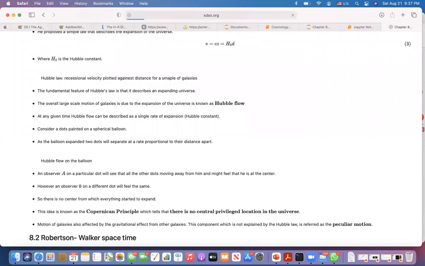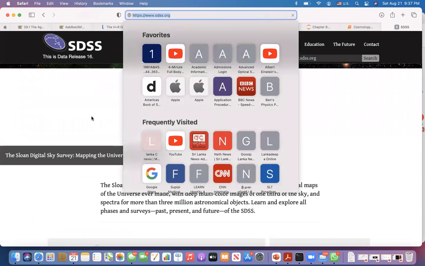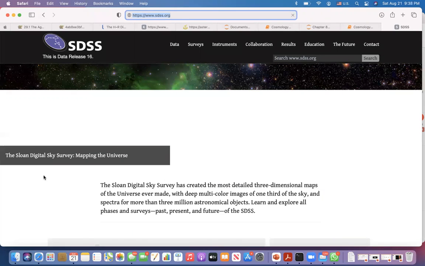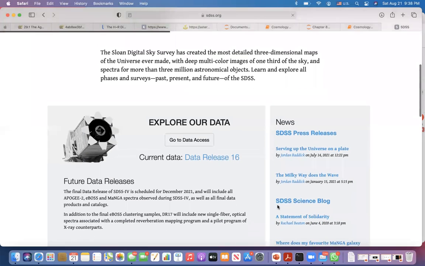This is the web page of the Sloan Digital Sky Survey, which is one of the largest galaxy surveys. If anybody is interested, I am going to post the link as well. This is the main web page.